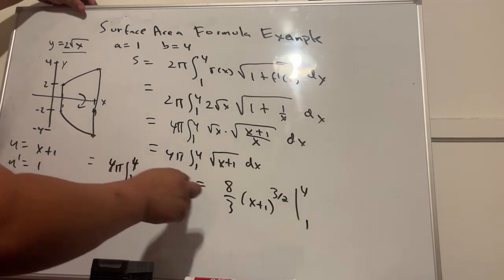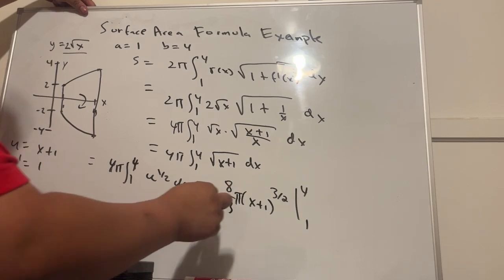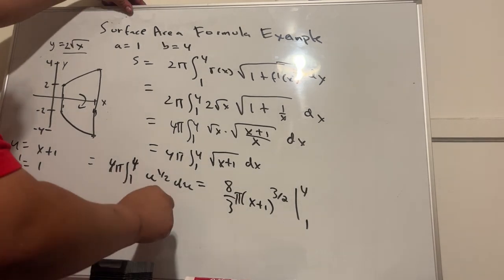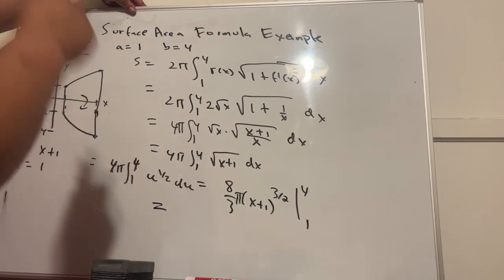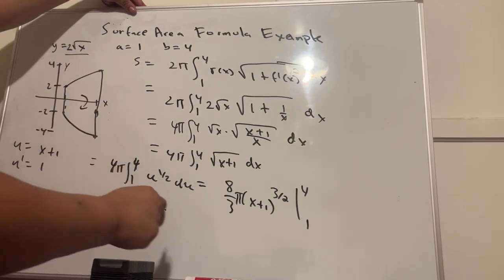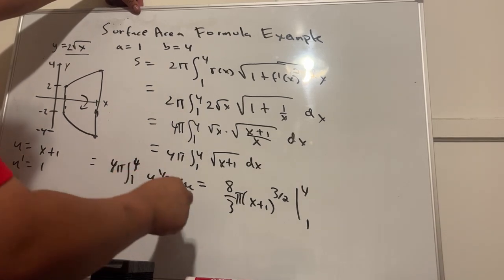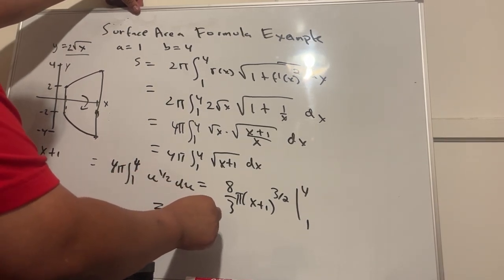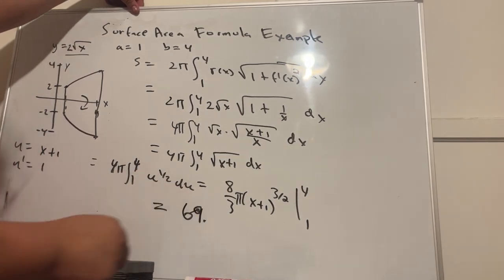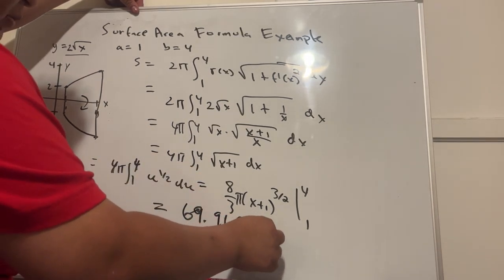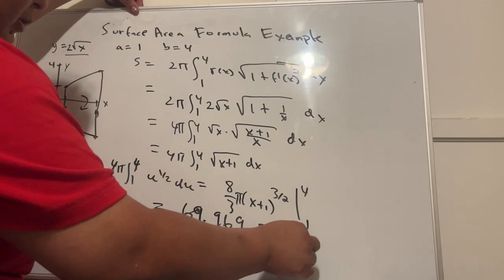And of course, don't forget the pi here. And from that, we're going to get an answer of the area is going to be 69.969 square units.